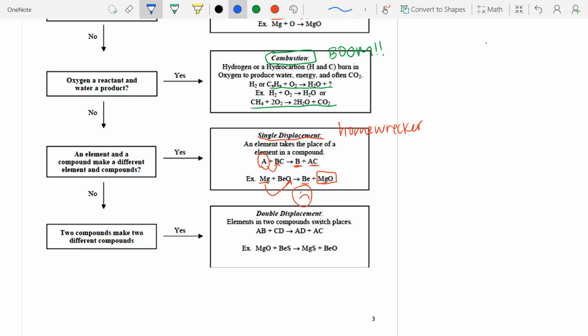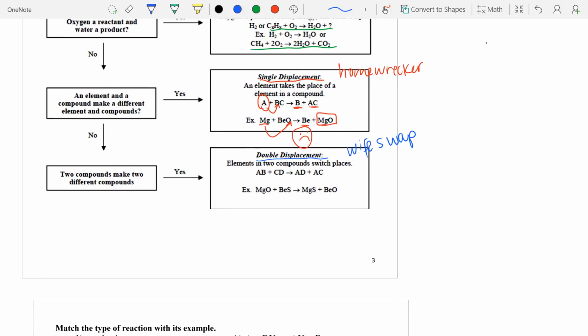Whereas if we have two different compounds, it can be double displacement. If you've ever seen the movie Wife Swap, where the moms or the wives swap places, that's kind of like what this is. For example, here A and C are going to swap places to produce AD and CB.